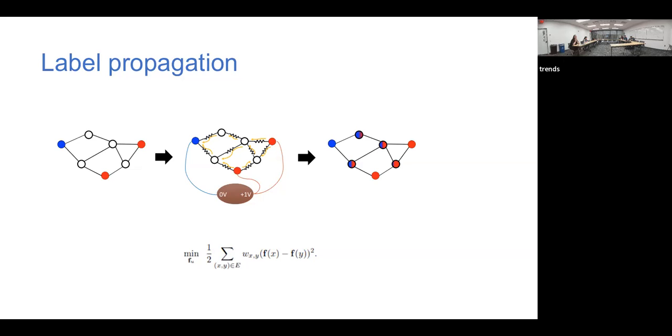The way we do it is that we pretend that the graph is an electronic network, and every edge is a resistor. Its resistance is the inverse of its weight, and then we connect the power source to the graph to fix the electric potential at the blue nodes to 0, and at the red nodes to 1.